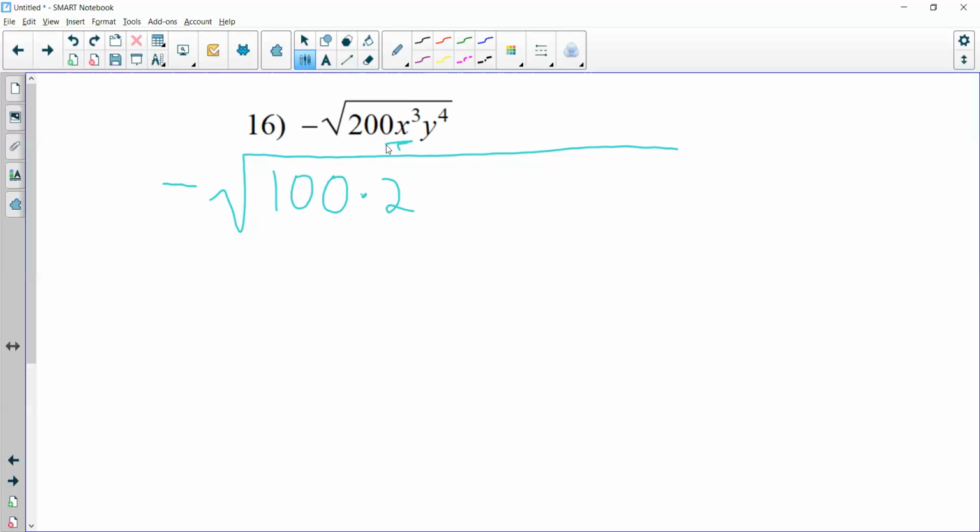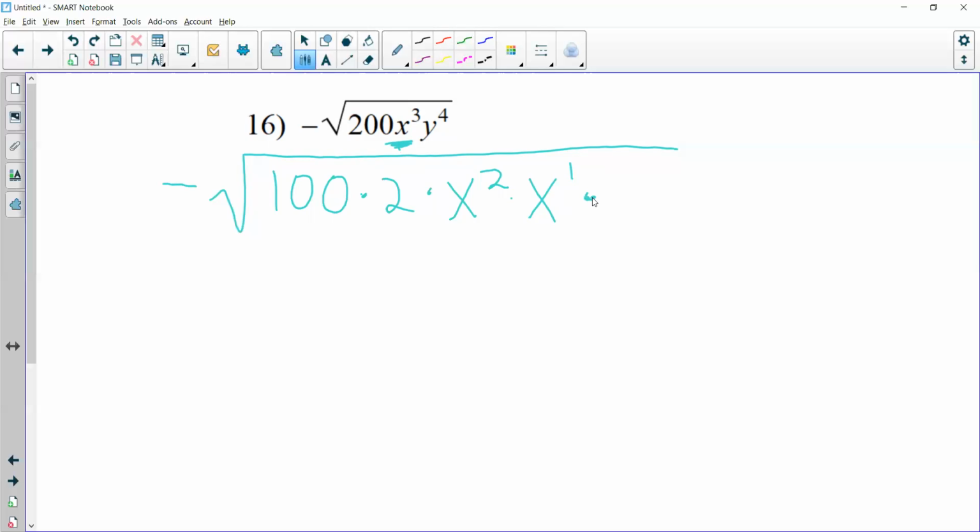The x cubed is going to become x squared times x to the 1. Remembering that when you add the exponents, they will give you the x cubed.